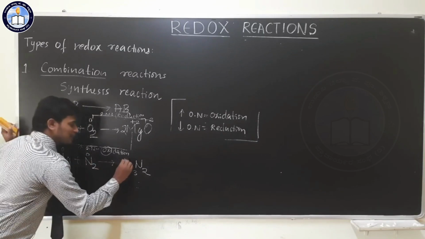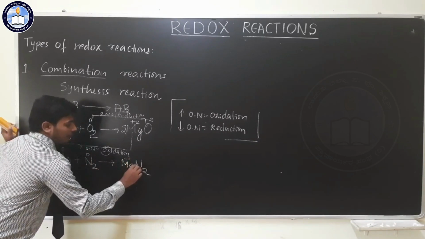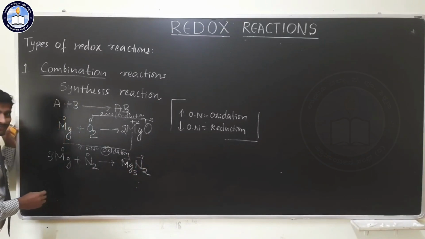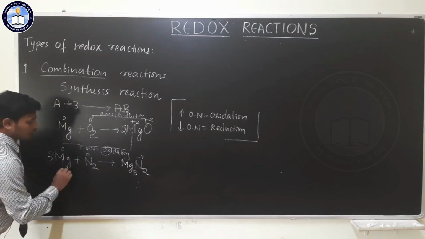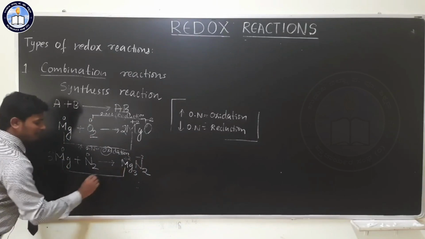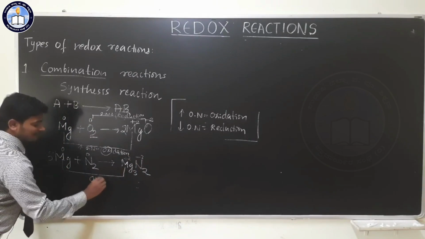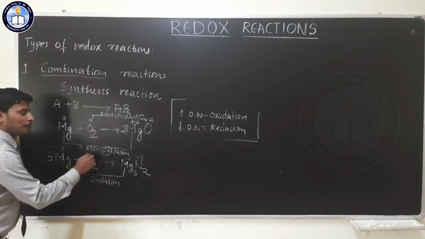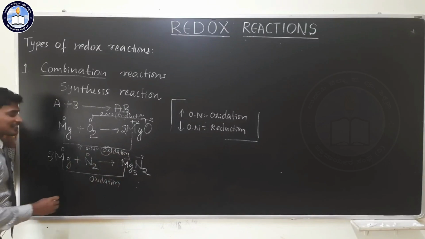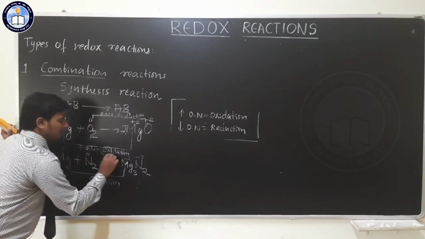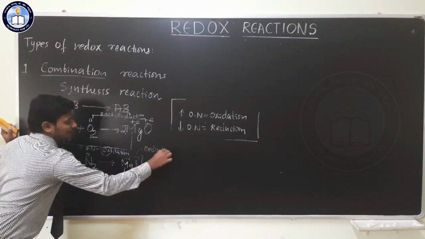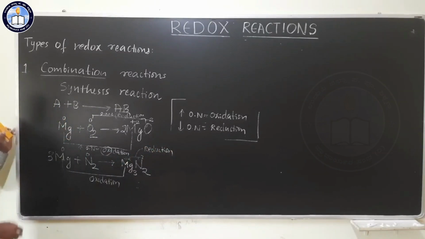For magnesium +2, for nitrogen have to write -3. So 0 to +2 increase in oxidation number, oxidation. Similarly 0 to -3, that is known to be reduction. This is all about the combination reactions.